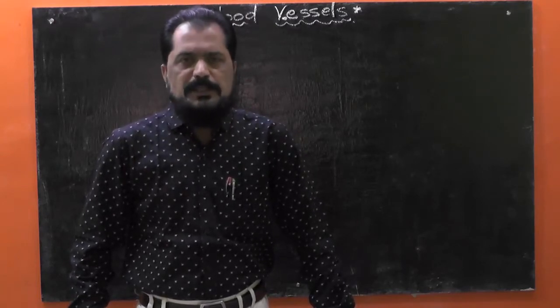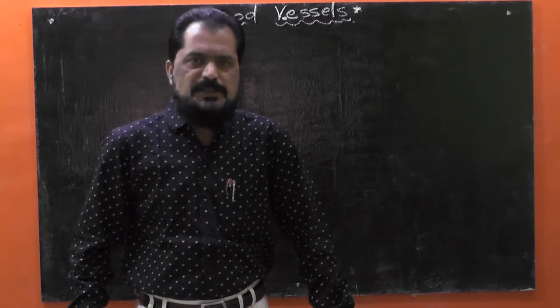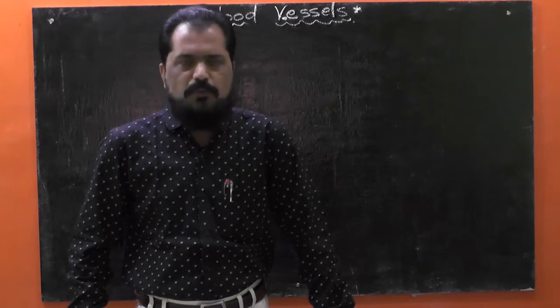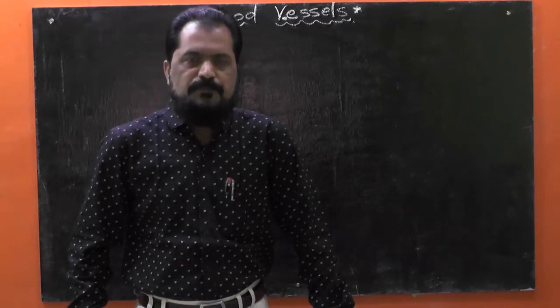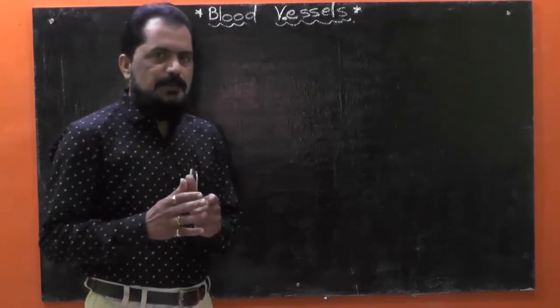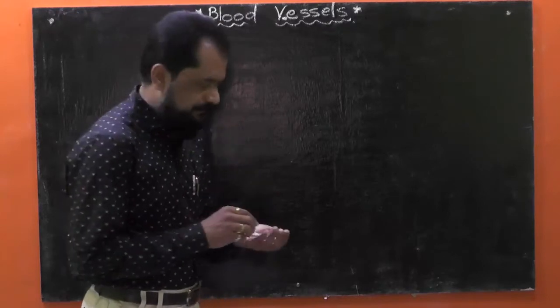Now, in case of human being, the blood vascular system consists of heart and different blood vessels through which the blood flows. Let me tell you first of all the major blood vessels present in the blood vascular system of human being.